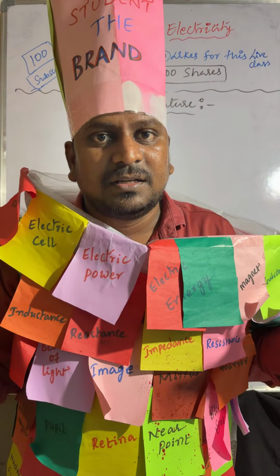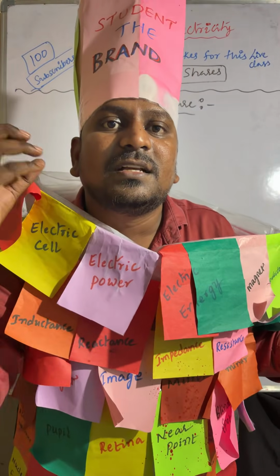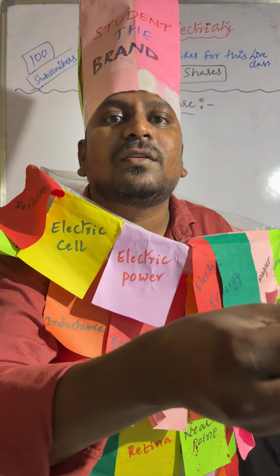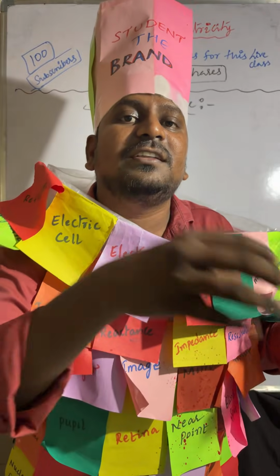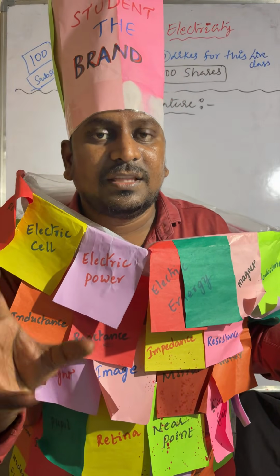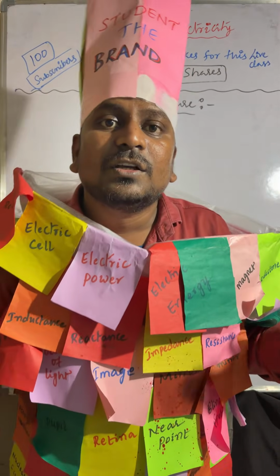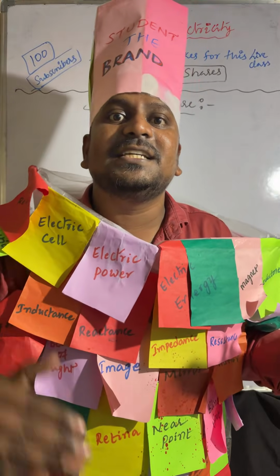Then what happens? Electrons are moving with a greater amplitude. One electron will hit another electron, and electrons will also hit the ions of the conductor. Yes or no? Then collisions will take place. So resistance and resistivity increase.